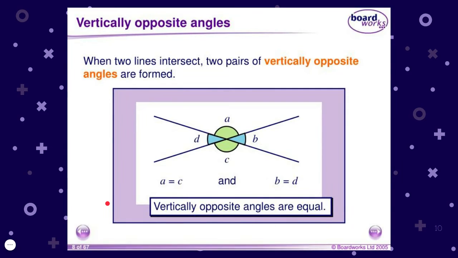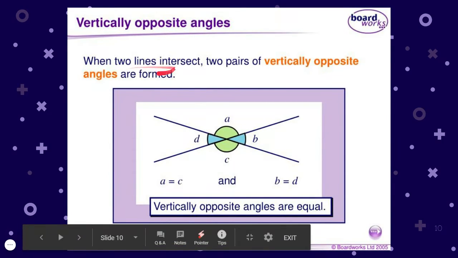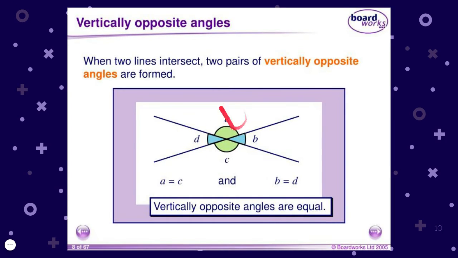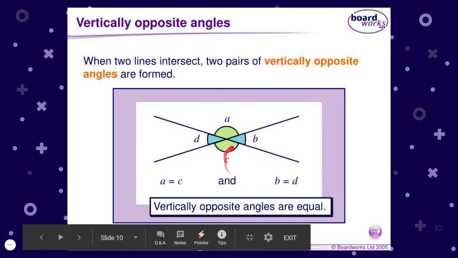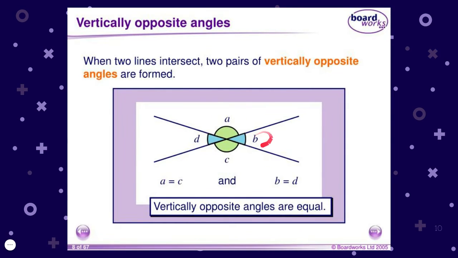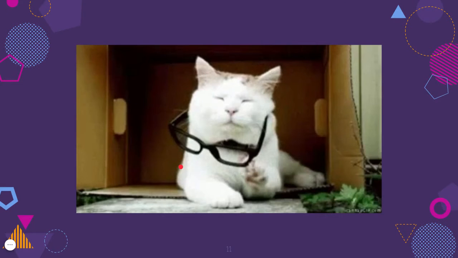And now let us look at what they mean. Here we can see again two lines intersecting, and here they have given us A is equal to C and B is equal to D. This means the measure of A is going to be equal to C and B is going to be equal to D. Now let us go ahead.